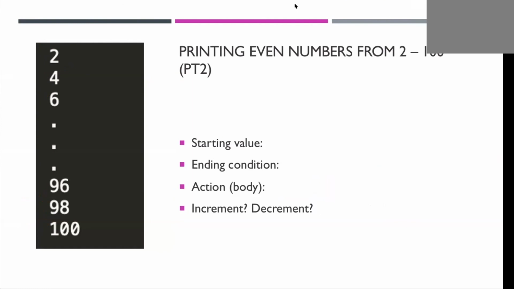Let's say, just to challenge you guys, I wanted to do a starting value of v is equal to 1 as opposed to v is equal to 2. And instead of incrementing by 2 each time, because obviously that won't work, if we start at 1 and increment by 2, that'll be 3, 5, 7, 9, 11. It'll just be odd numbers. So we can't increment by 2. Instead, we are going to increment by 1.